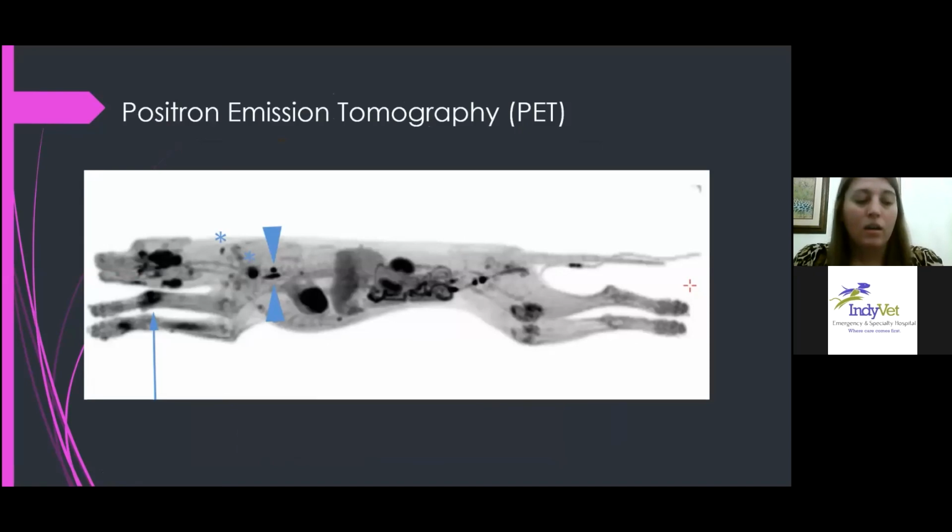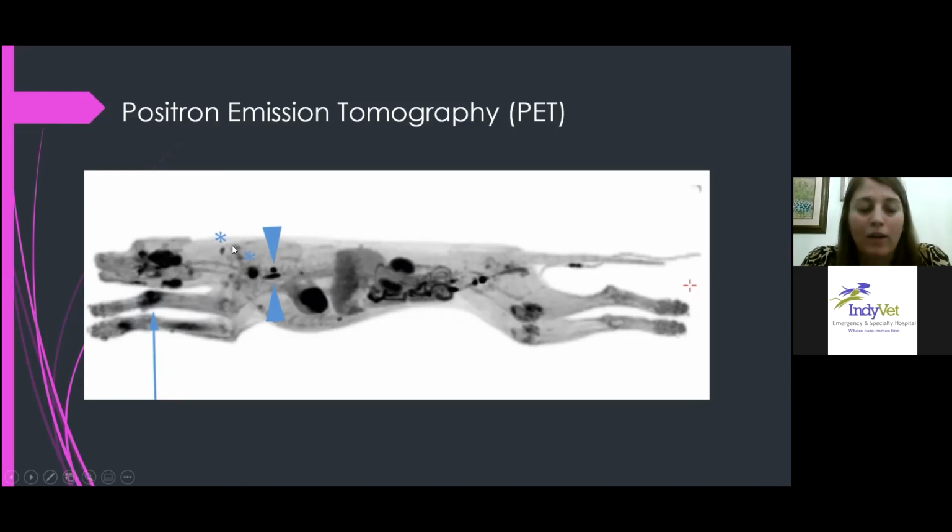PET scan is a modality that combines imaging with nuclear medicine using radioisotopes. It highlights highly metabolic cells that have increased glucose metabolism. So this includes both tumors and inflammation. In this picture, the arrow here shows the primary tumor at the radius and ulna.